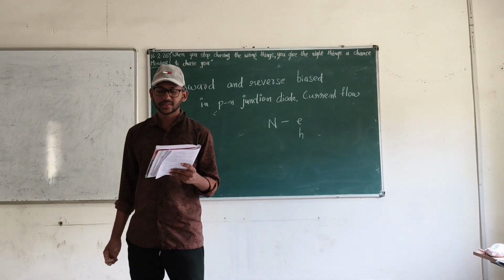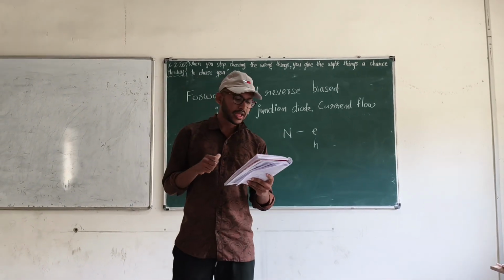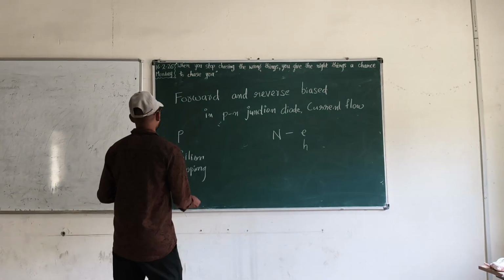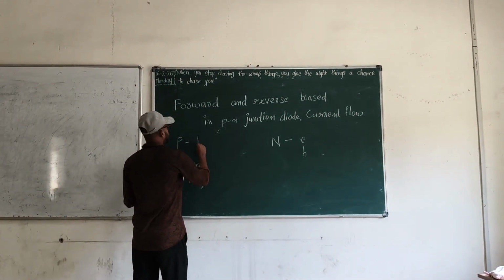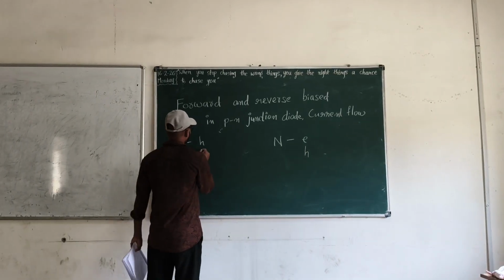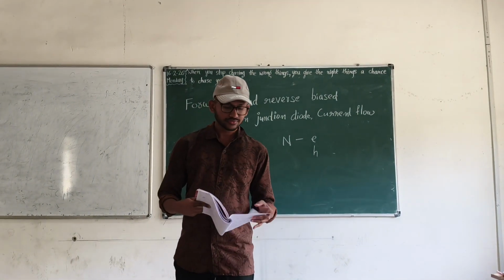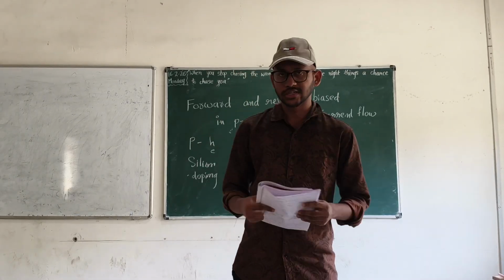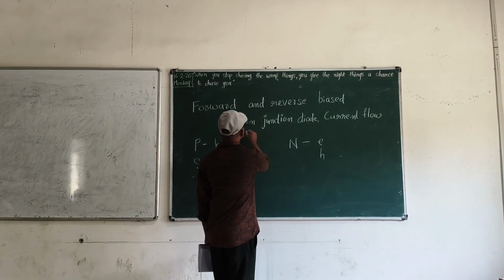On the other hand, if you add a trivalent impurity such as boron, we create a P-type semiconductor, where holes are the majority charge carriers and electrons are the minority charge carriers. Now comes the crucial step, that is the formation of the p-n junction.